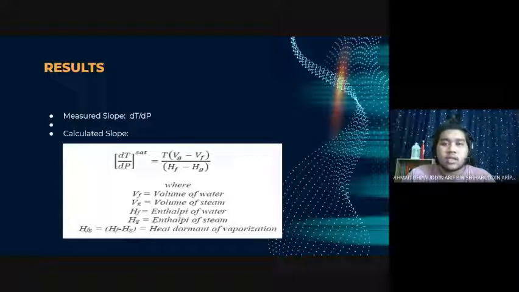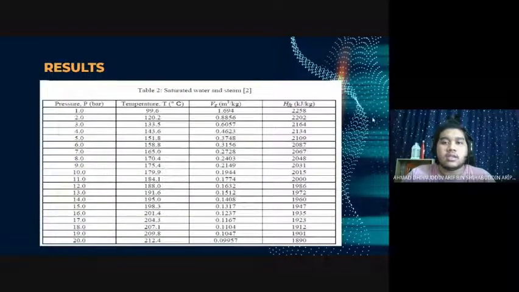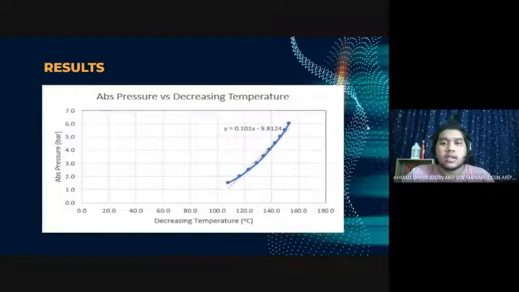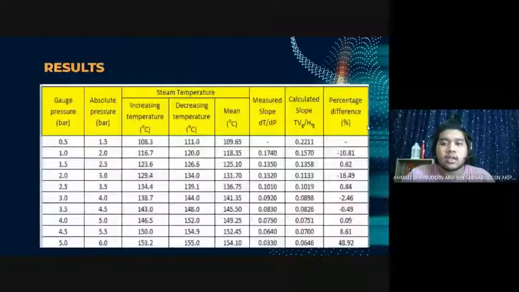The T stated in the formula is the mean temperature for each absolute pressure increment shown in the table earlier. This is where we obtain the value for Vg and Hfg for each pressure in bar. And the result is as shown.